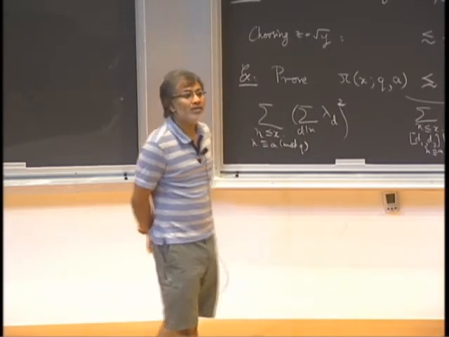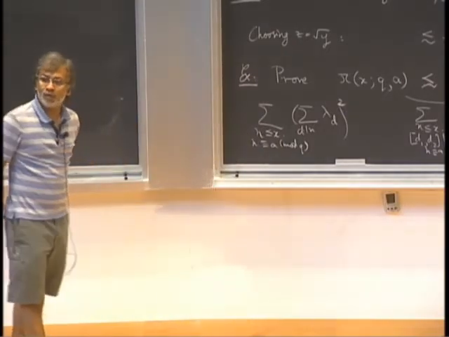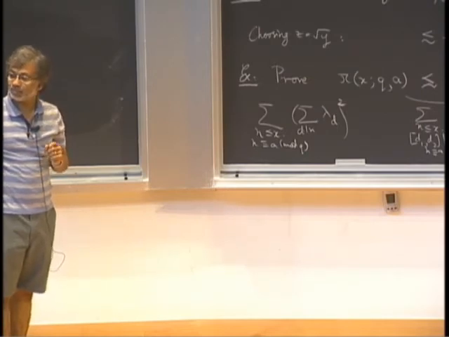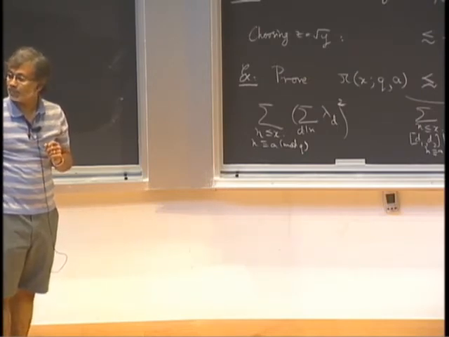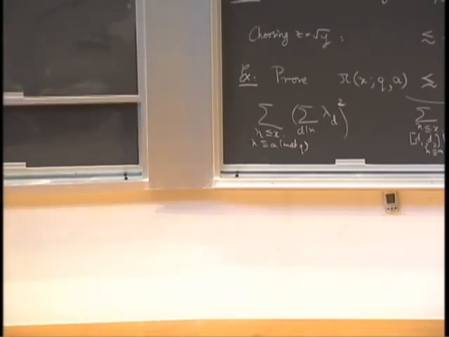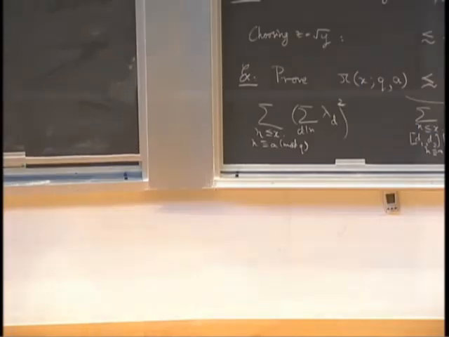So then we plugged that into the formula for lambda, and we had a formula for the lambda d's, right? Yeah. So can someone recall what that formula is? Somebody must have taken notes.